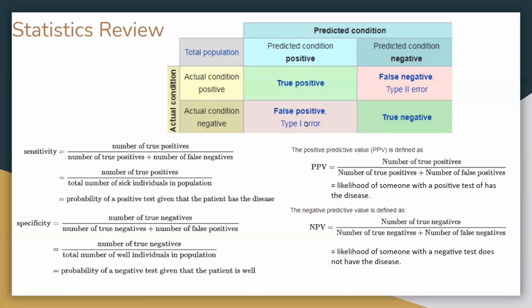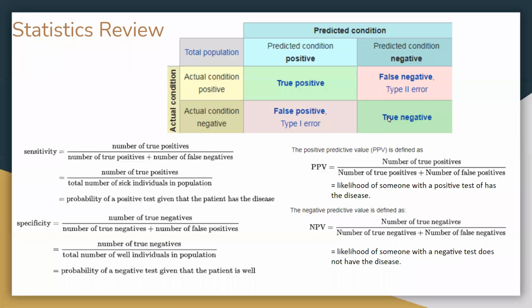False positives are the ones who test positive who don't actually have the condition. True negatives are the ones who test negative who truly do not have the condition, and false negatives are those who test positive or actually negative for the condition. Or sorry, they test negative but are actually positive for the condition.